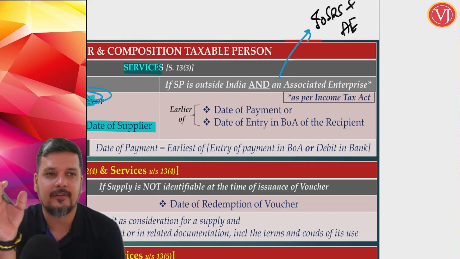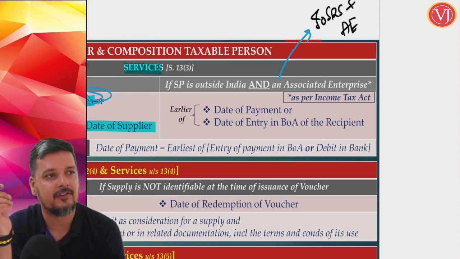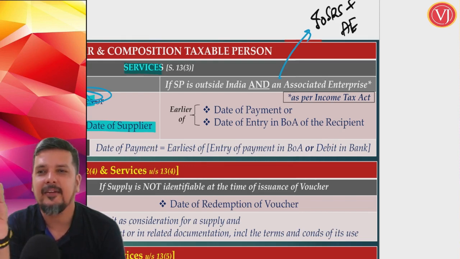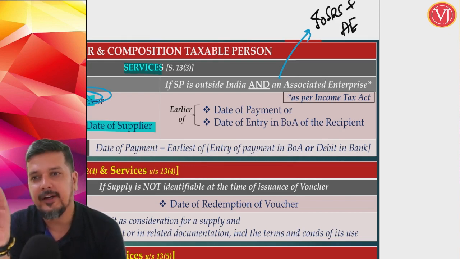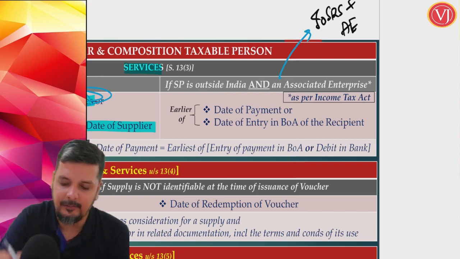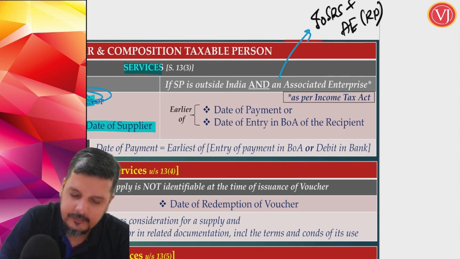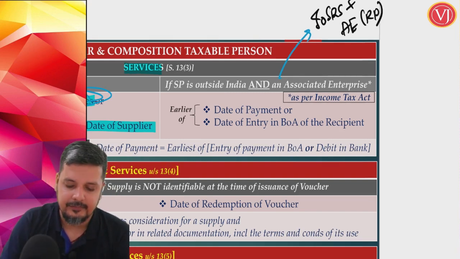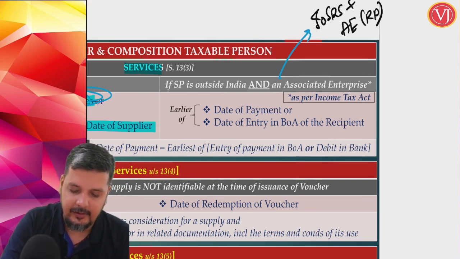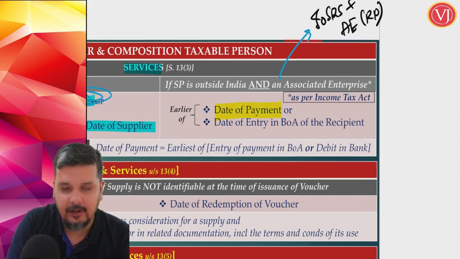Associated enterprises is taken from section 92B of the Income Tax Act. It is roughly equal to a related person. Importation of services from associated enterprises, roughly a related person. Then your time of supply is the date of payment.